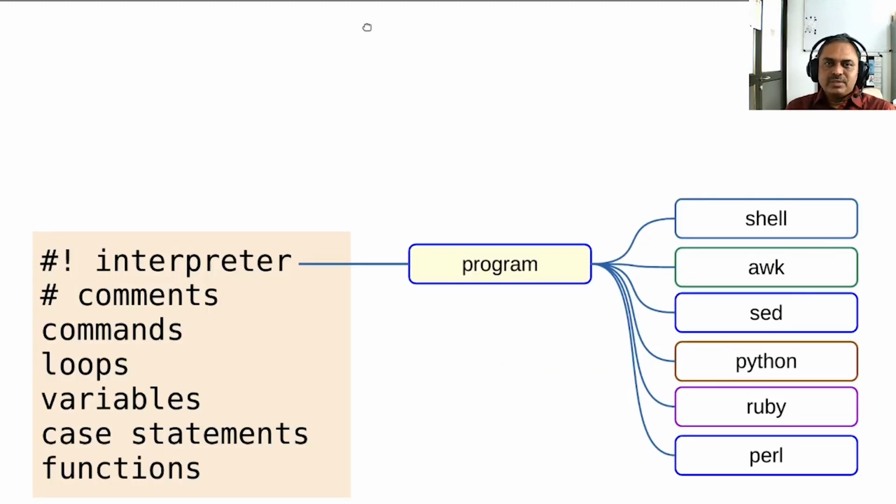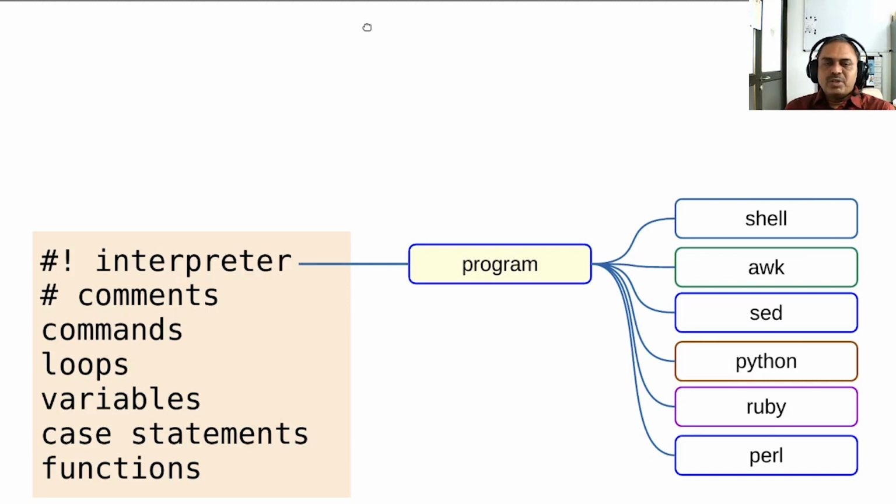When you say script, it need not be only a shell script. It can be a script with a series of commands that could be interpreted by any program which works as an interpreter. As we have known by now, particularly with respect to Python, which is an interpreted language, there are many languages that act as an interpreter, and therefore scripts can be shell scripts or awk scripts or sed scripts or Python scripts or Ruby scripts or Perl scripts and so on.